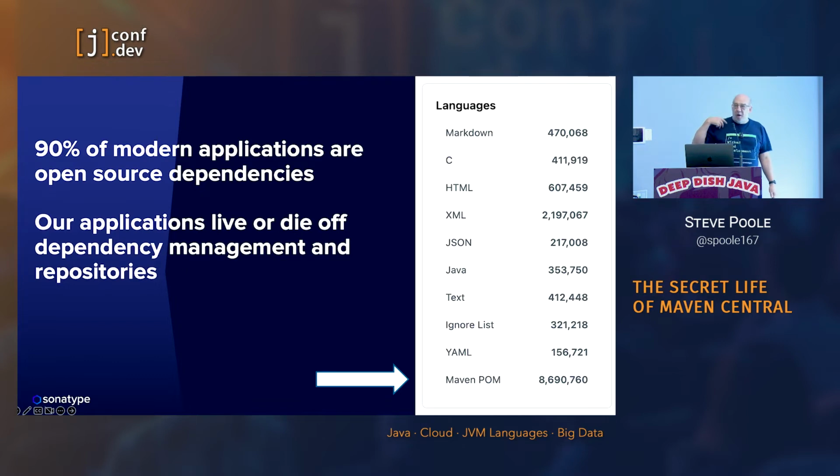So actually, all that we do as developers lives or dies on our ability to get access to somebody else's code. And you can see this is a GitHub scan. Look, at the bottom it says 8.6 million Maven POM files. And that's just POM files, forget all the others. There's a lot of people out there producing this stuff, because that's why we're here, because we make so much use. You use all these wonderful tools, you consume all this wonderful code, and it's great.